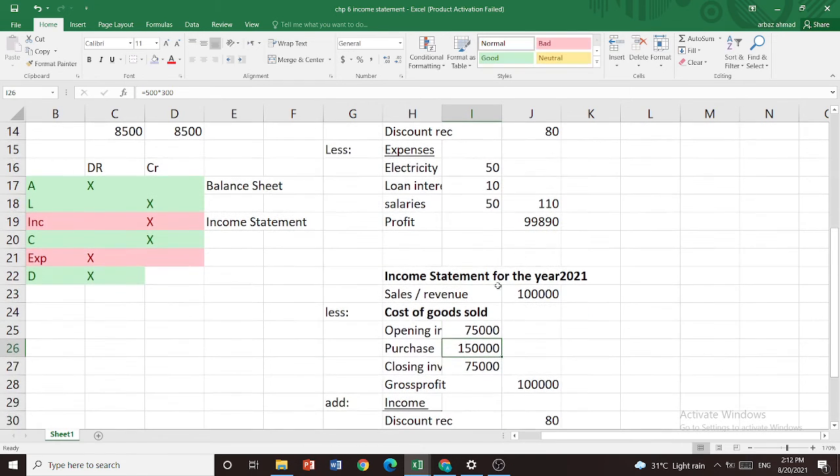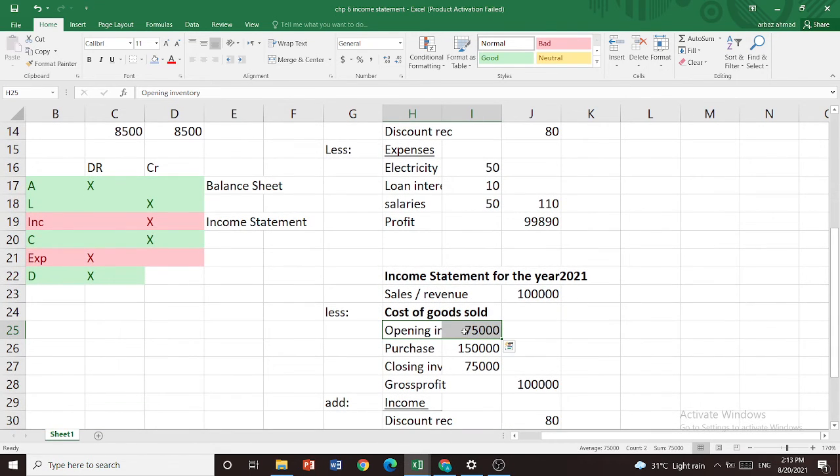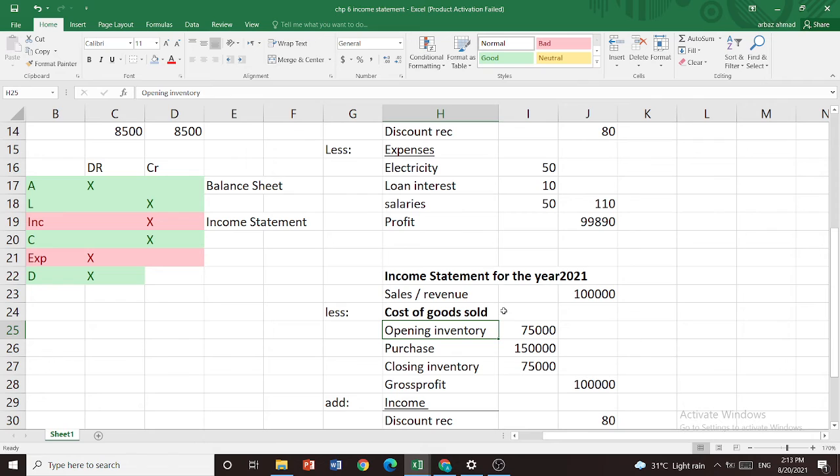That means when you close your business, let's say for 1 year, you bought 500 phones, but you were not able to sell 250 phones. That does not mean you will throw those phones away. It means in the next year you will sell them. So those 250 phones will be here, and we will call those 250 phones opening inventory.